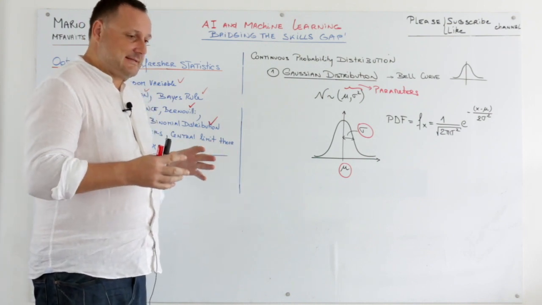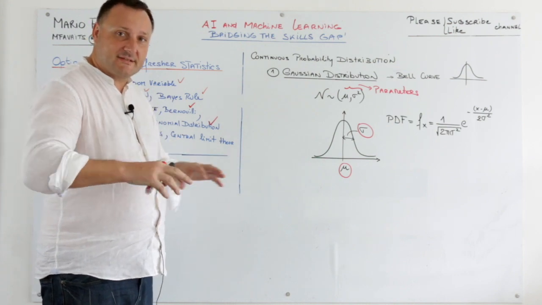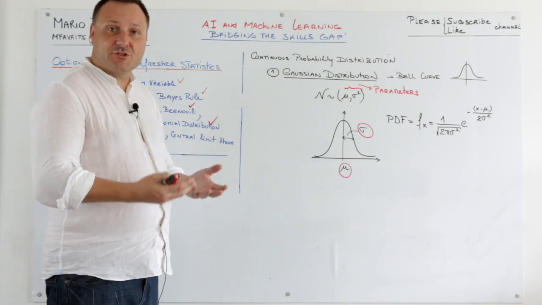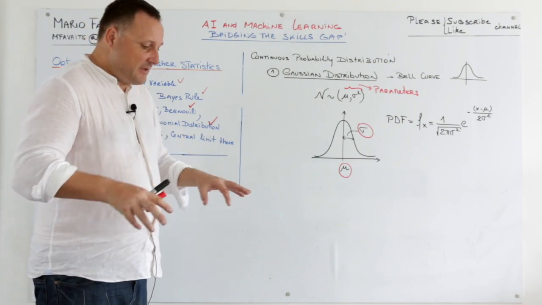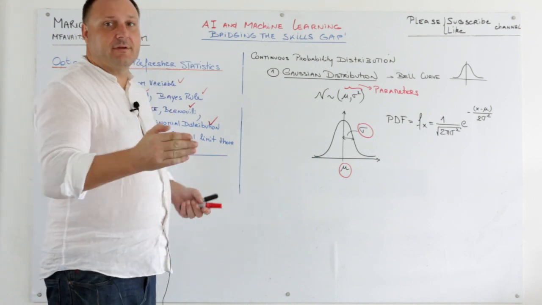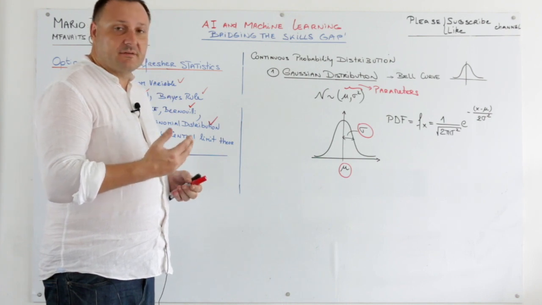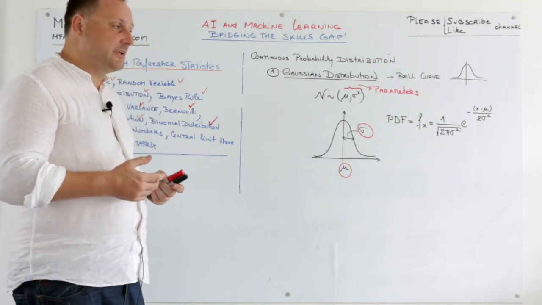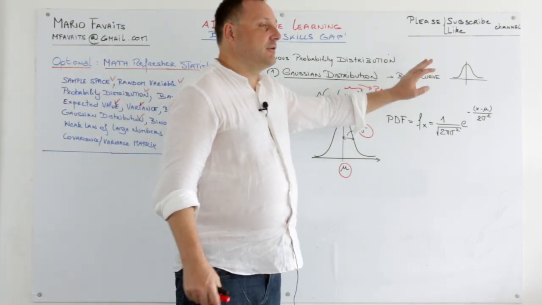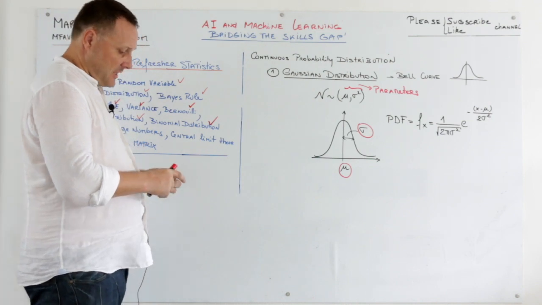That basically says that if you have a lot of random processes, they don't need to be normal or Gaussian distributed, but if they all come together and you add them up, they result in a bell curve. The central limit theorem is something we will see in one or two videos. It contributes to the fact that you will see a lot of Gaussian stochastic processes in this world.